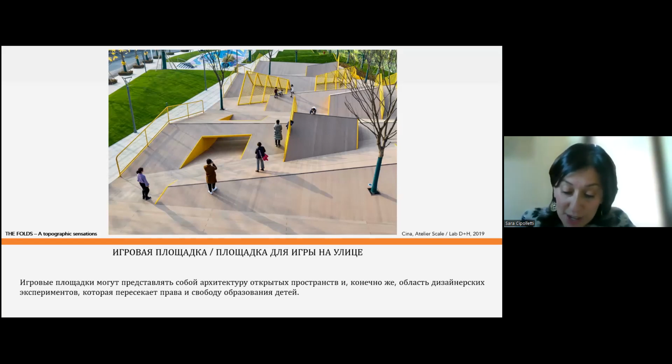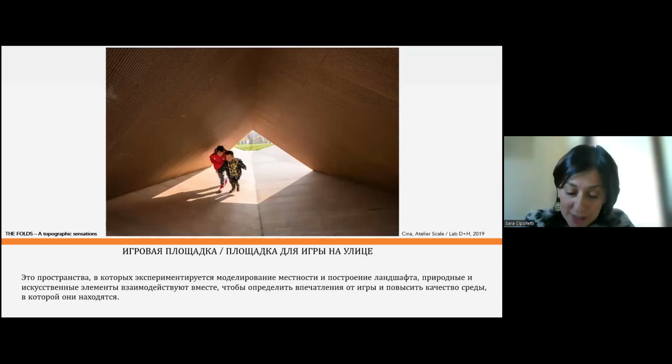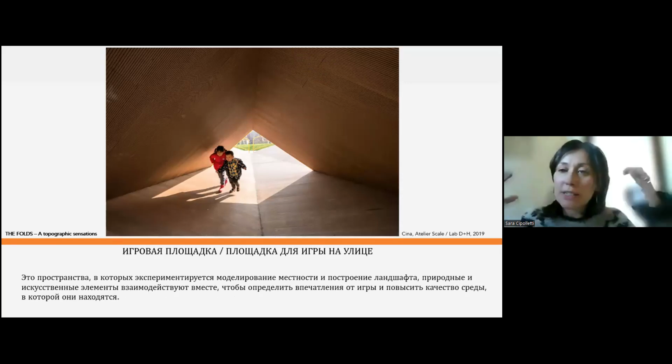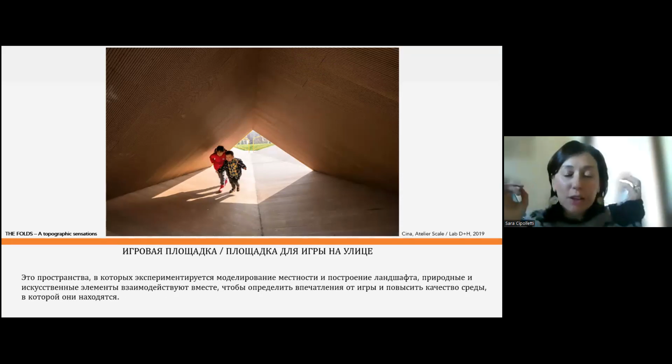And so certainly it is an area of design experimentation which crosses rights, freedom, and education for children. They are spaces which experiment with modeling of the ground. For example, this is a wonderful project in China that was called the Falls, because it's a sort of surface which is folded, no?